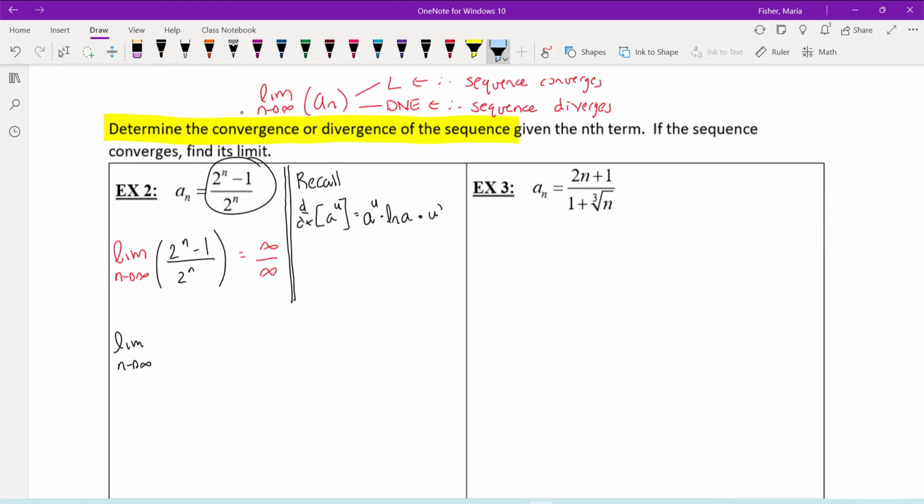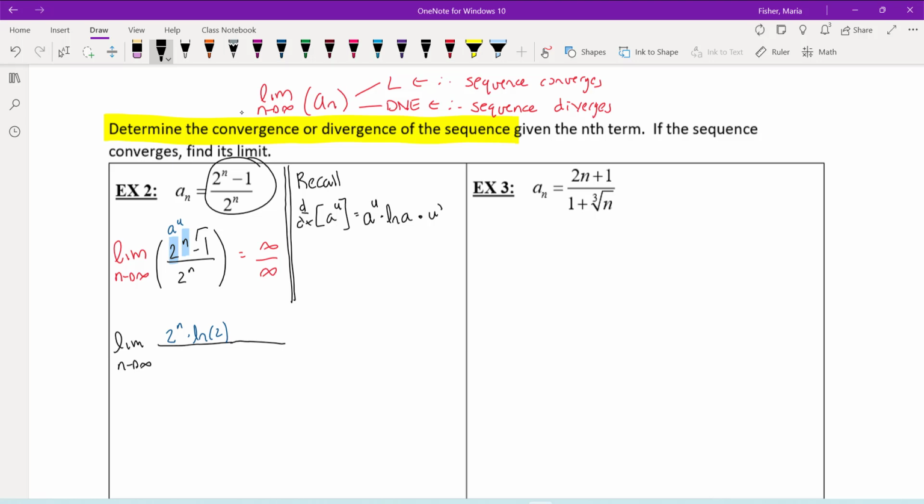So in this case, the derivative of 2 to the n, well, this is my a and this is my u, would be 2 to the n times the natural log of 2 times the derivative of n. Well, the derivative of n is just 1, so I don't need to write that.